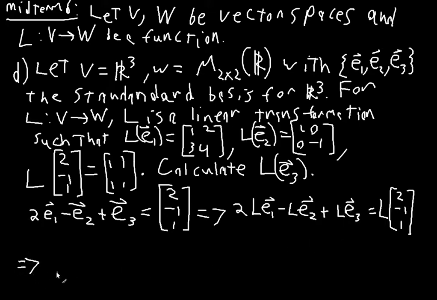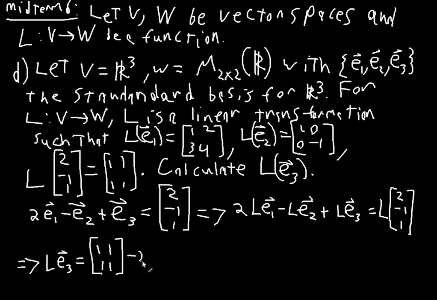So this implies that L of E3 is going to equal L of (2, -1, 1), which is (1, 1, 1, 1). Let's move over this expression here.